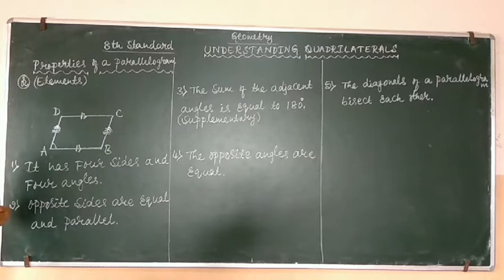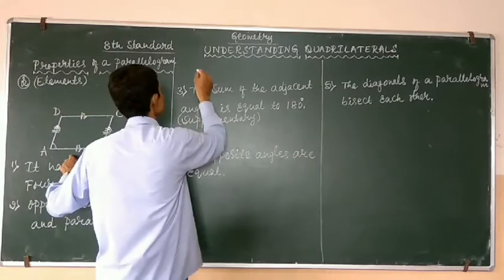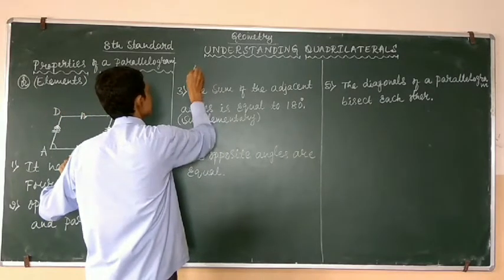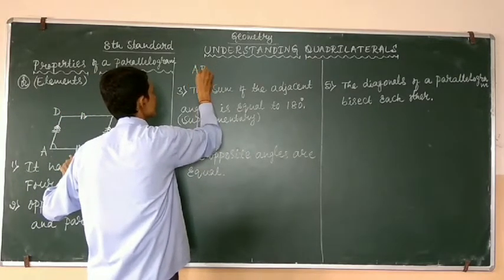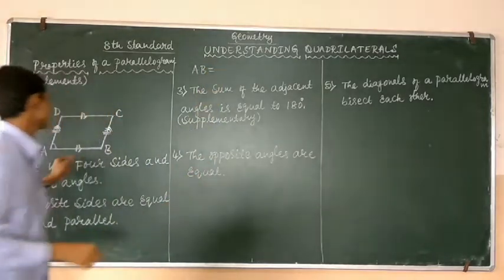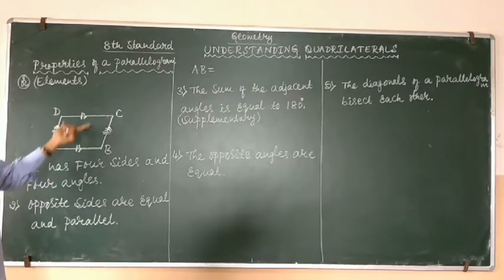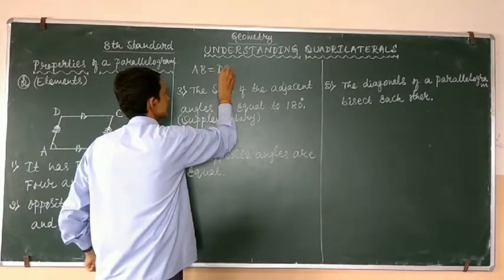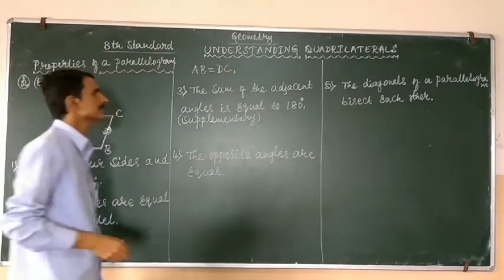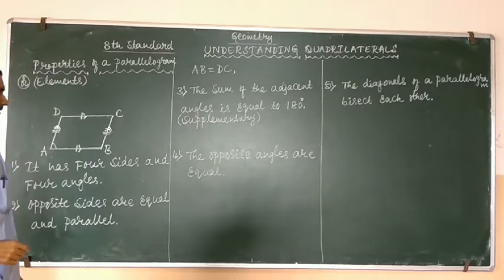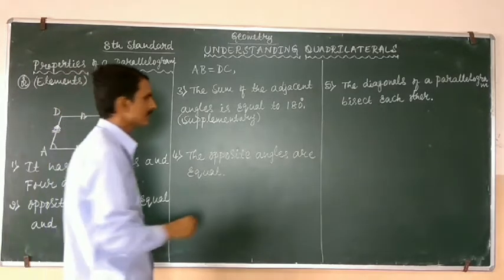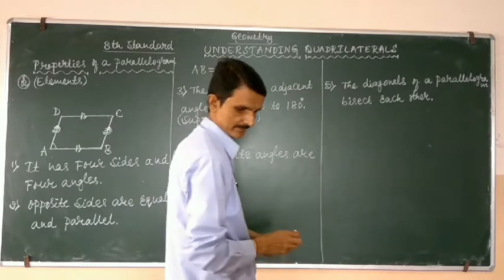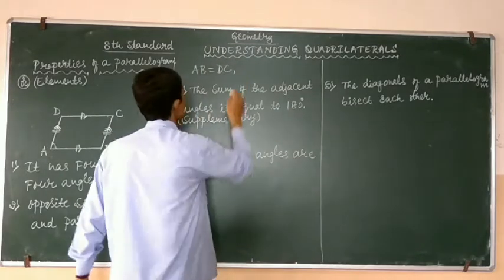The second property: opposite sides are equal and parallel. From the figure, students, you can write that side AB is equal to side DC. That is one pair.